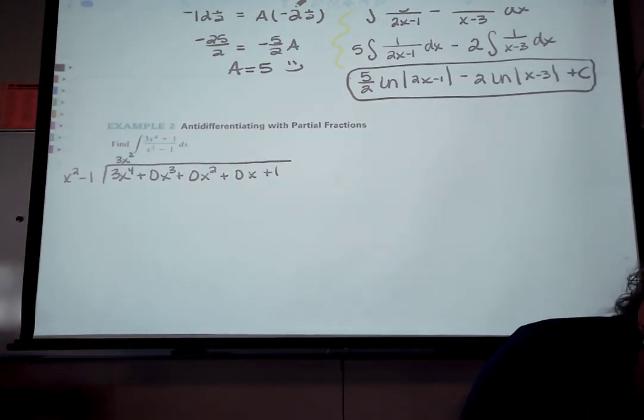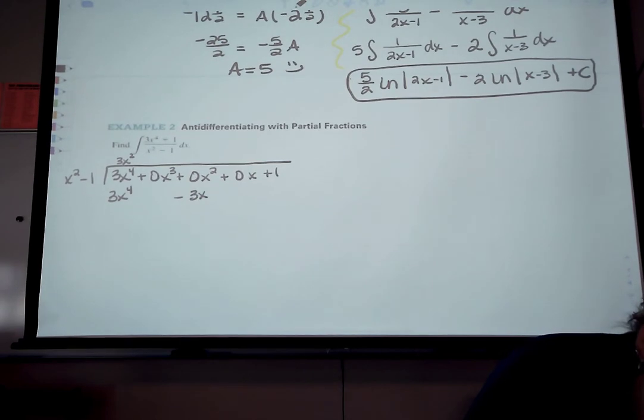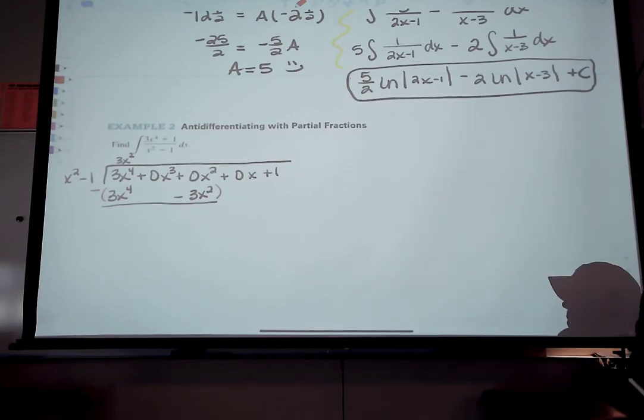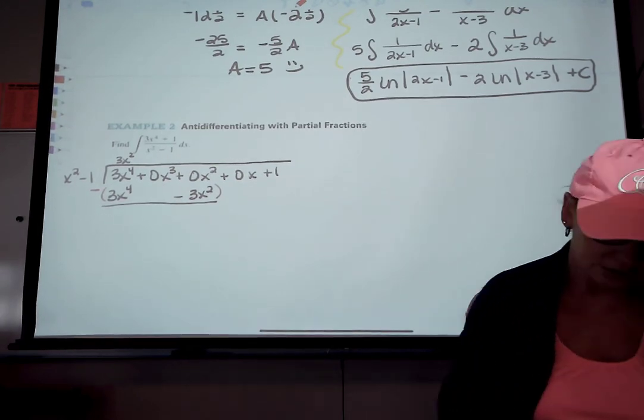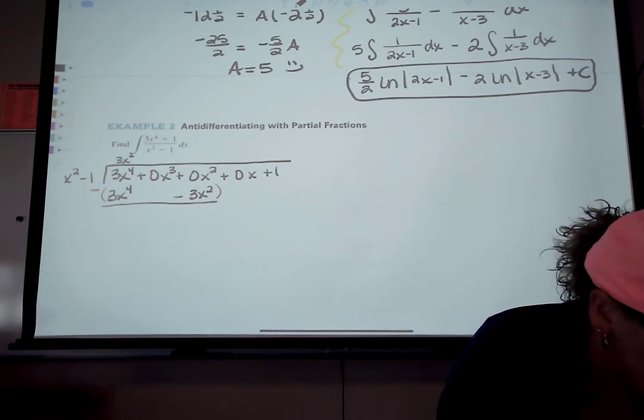3x squared. Now multiply. 3x to the 4th minus, I'm going to line them up, 3x squared. And don't forget that we are subtracting. That's gone. That never was there in the first place.